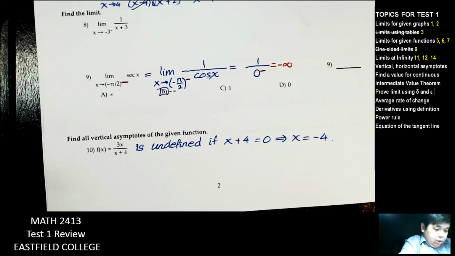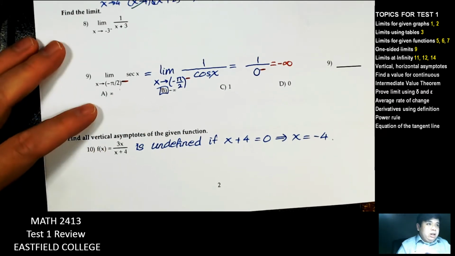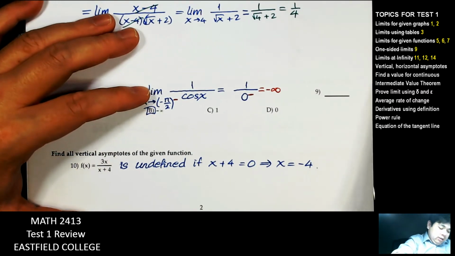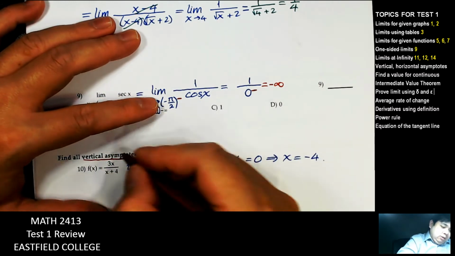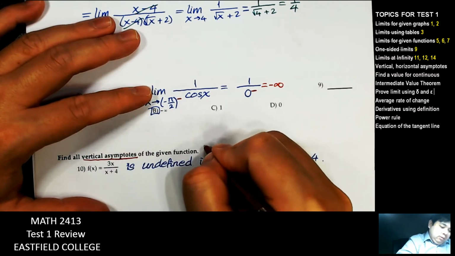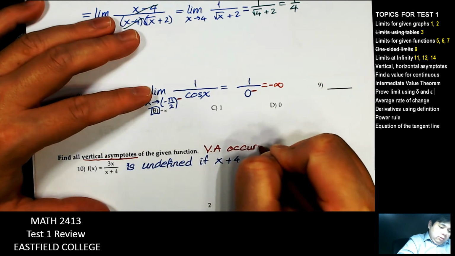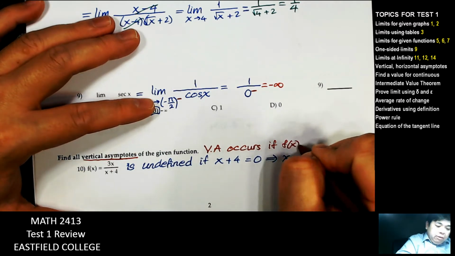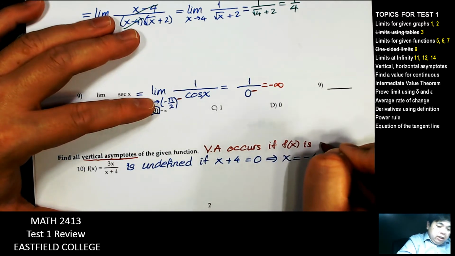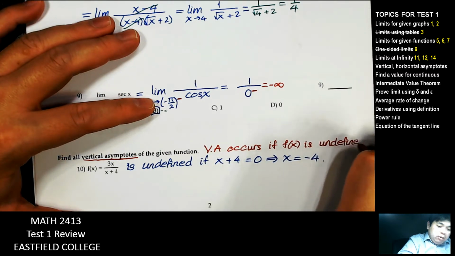First we find where the function is undefined, because the vertical asymptote occurs when the function is undefined. If the function is undefined, potentially the vertical asymptote exists.